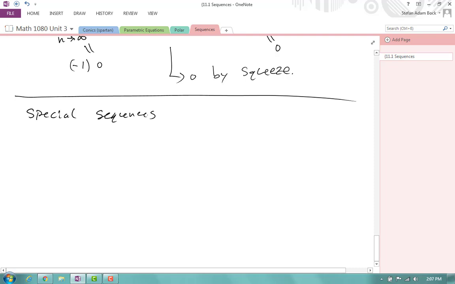So some special sequences we'd like to keep an eye out for. A sub n equal to 1 over n, n equals 1 to infinity. This is called the harmonic sequence.